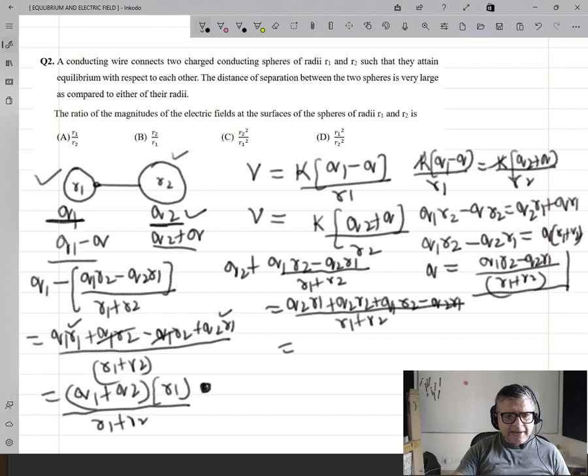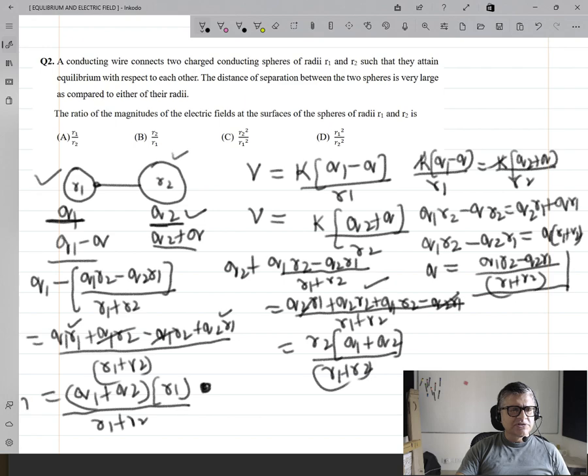I think the Q2R1 terms cancel, and we can take R2 common out of it, giving R2(Q1 plus Q2) divided by (R1 plus R2). Quite symmetrical, right? So this is the new charge on the first shell, and this is the new charge on the second shell.